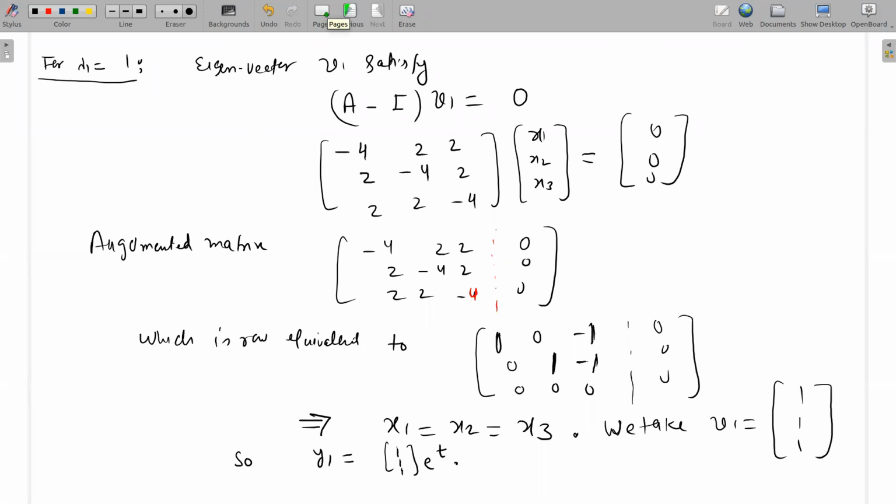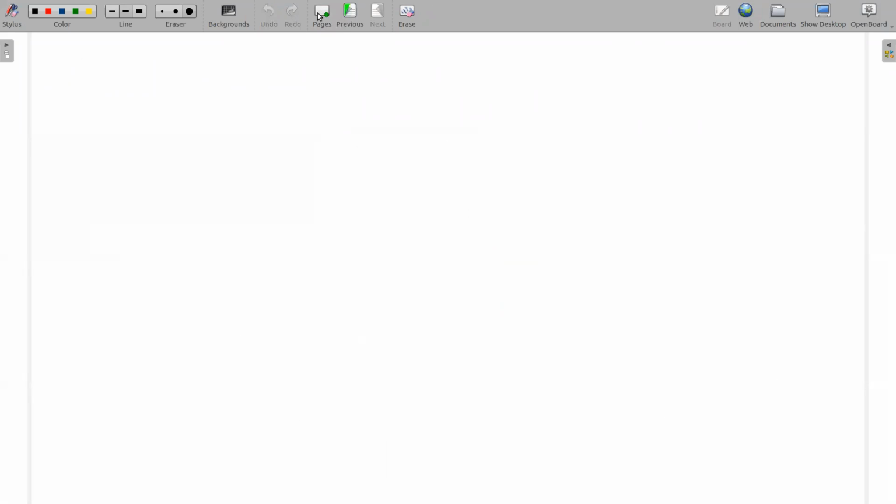ठीक है भाई, so then find for lambda 2 equal to second eigenvalue, which is, sorry, which is minus 5.